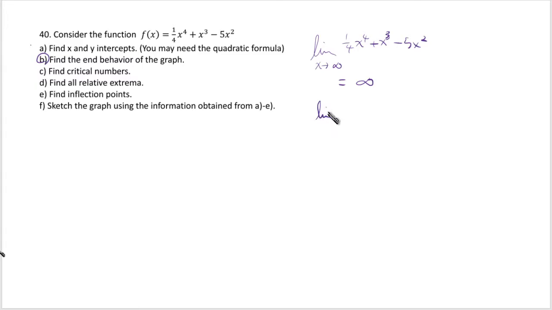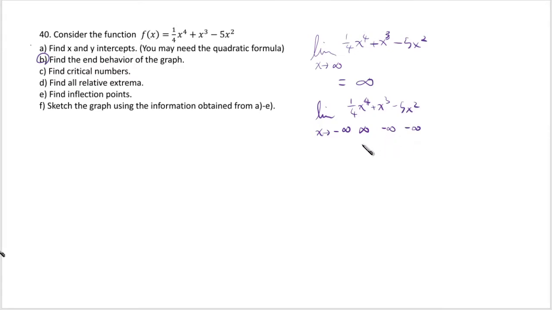On the other hand, you also need to know what happens when x goes to negative infinity. In this case, again, because it's the fourth power, it's going to make it positive infinity. If you have an odd power of negative infinity, then it's going to be negative infinity, and an even power will be positive infinity, but you're subtracting for the others.